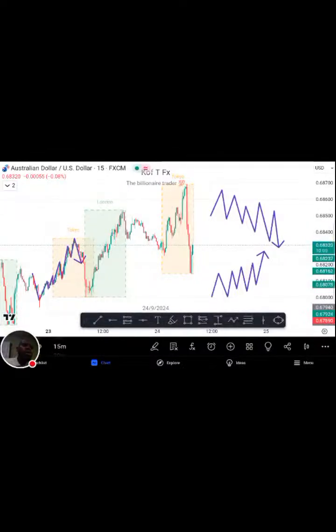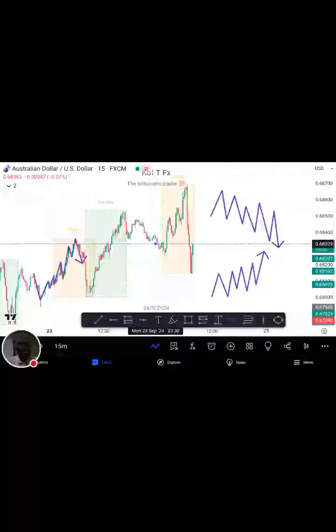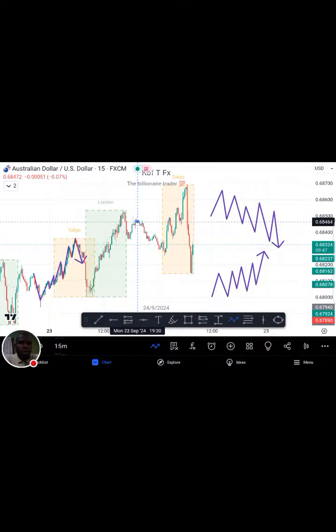For simplicity's sake, I'm going to draw out the pattern. I'm doing all these things because of those people that are watching this and those that will come back and watch it, so that they can understand what I'm looking out for and they can also replicate it in their trading strategy as well. So let's start from what do we have?